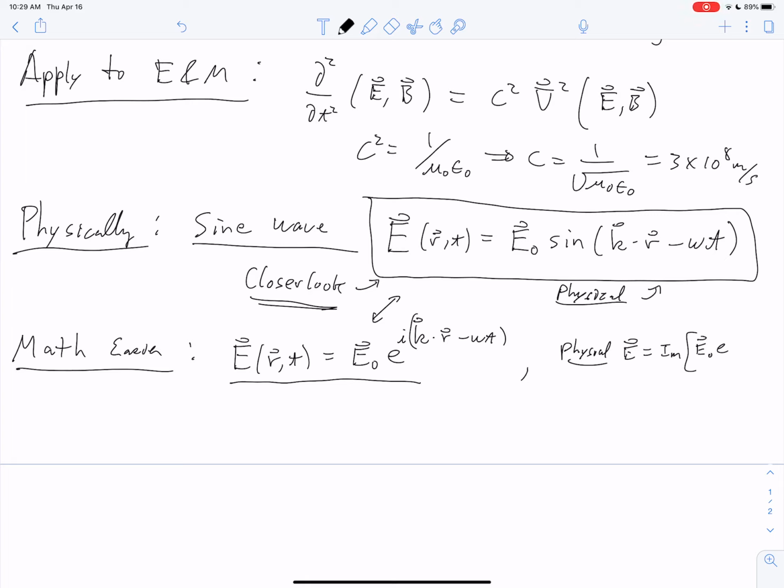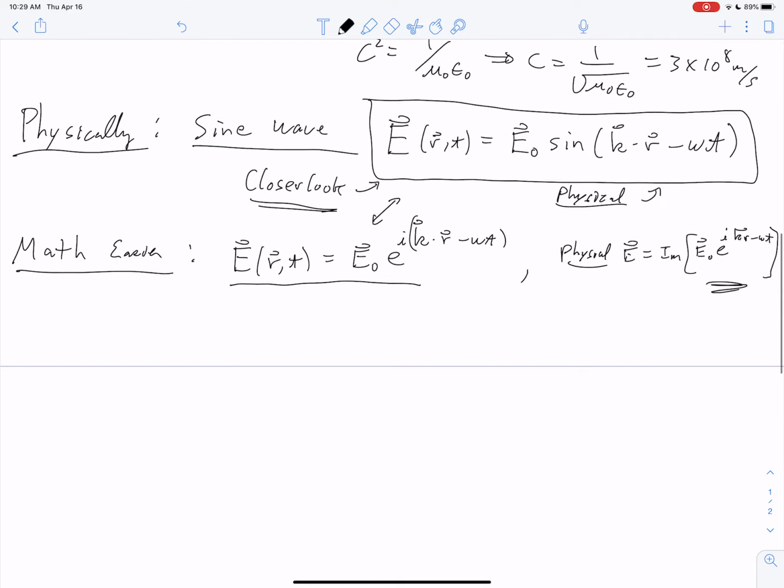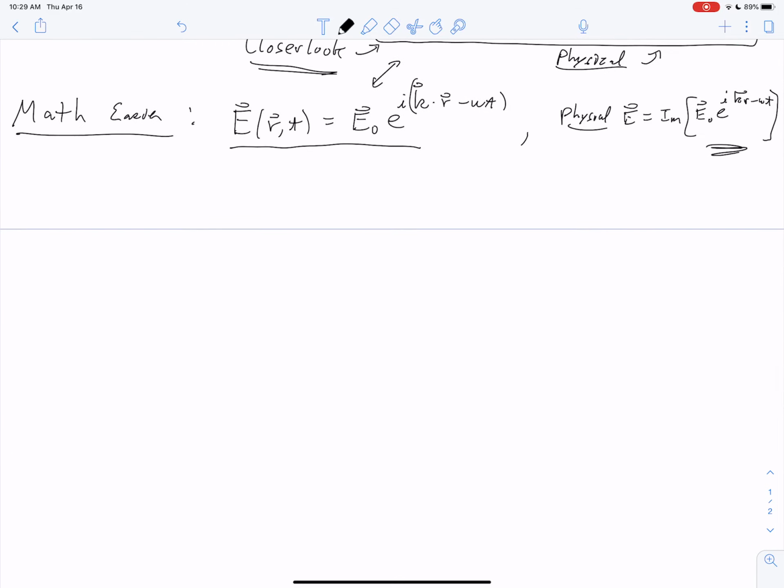This last little step, taking the imaginary part, we often skip it or do it at the very end. But the physical electric field is the imaginary part of this one. So we'll use this one to do all our math because it's so simple to deal with.